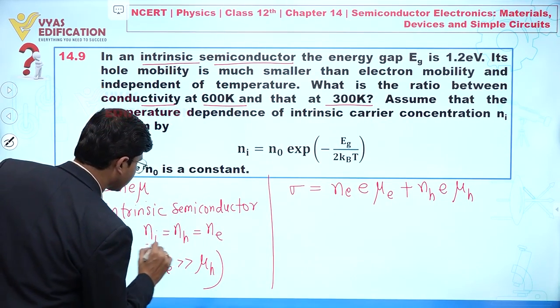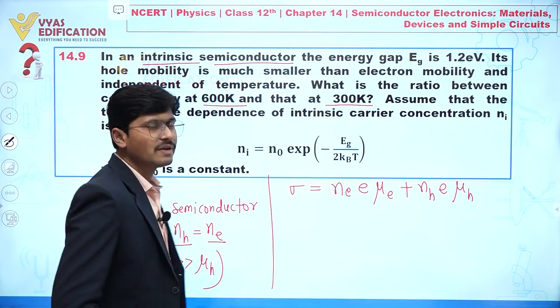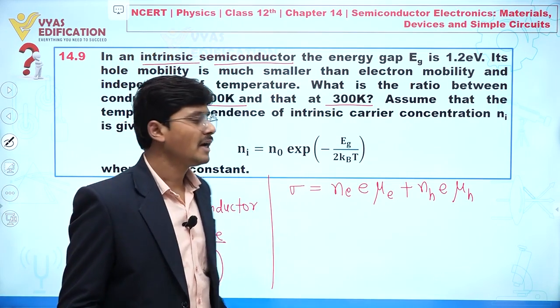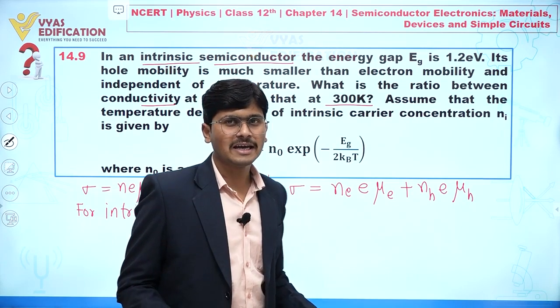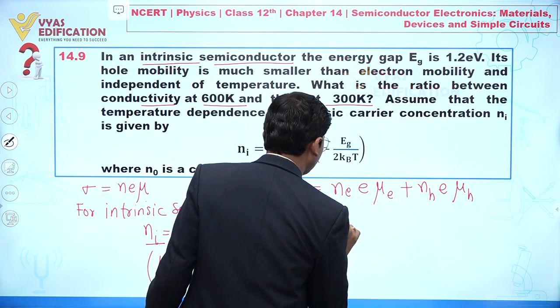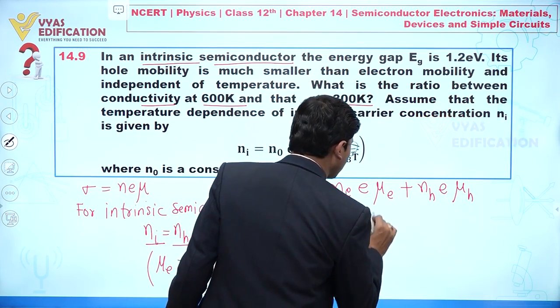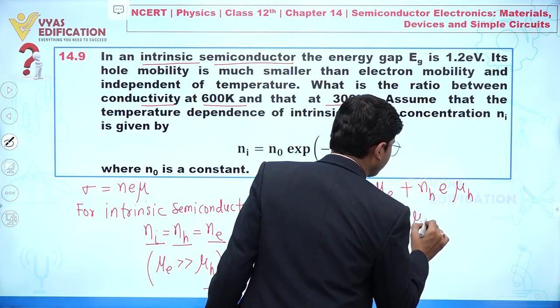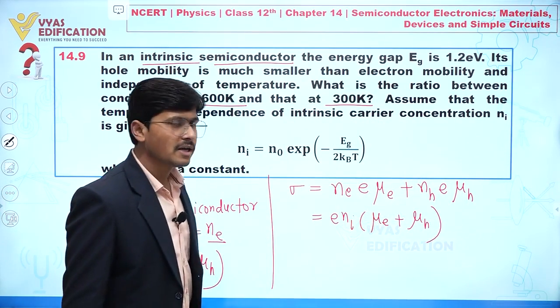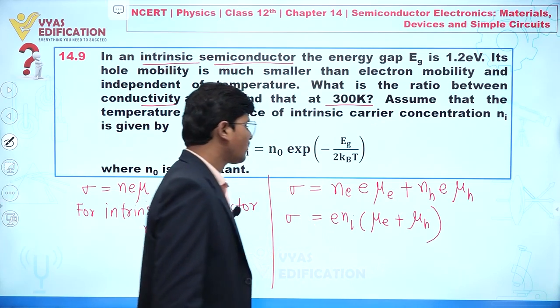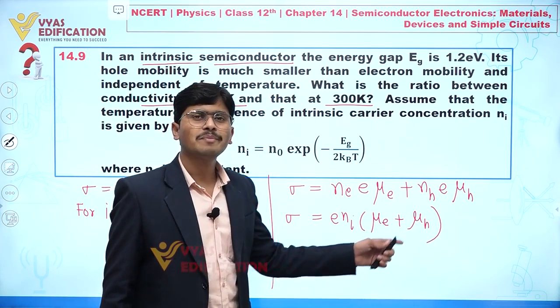Because we have an intrinsic semiconductor, Nh and Ne are both equal to Ni. So from here you can take e and Ni common, and sigma equals e times Ni times mu E plus mu H.